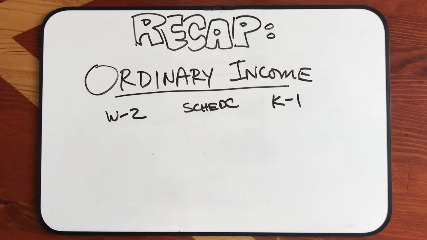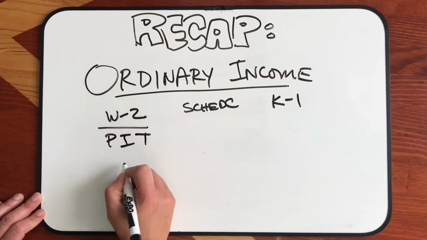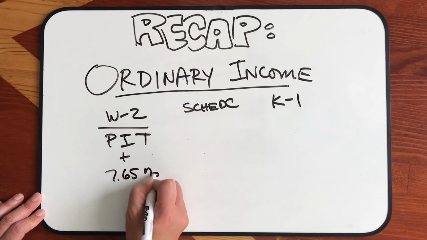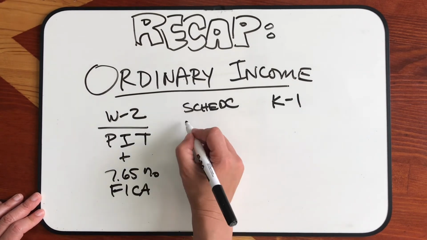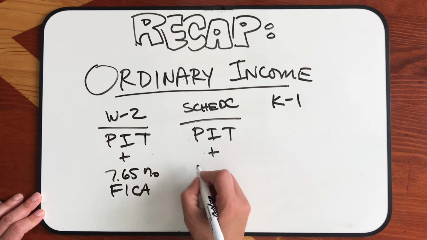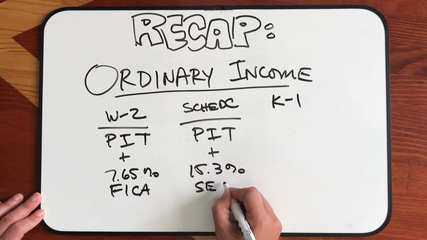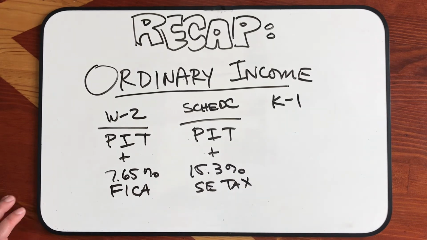Your wages are subject to the progressive personal income tax, plus the employee side of FICA, which is 7.65% of your gross wages. Your Schedule C income is also subject to personal income tax, plus both sides of FICA, which is 15.3% of your business income, and that is a self-employment tax.